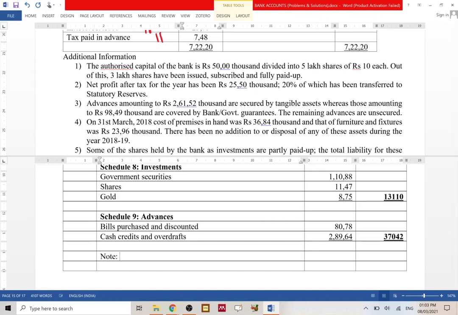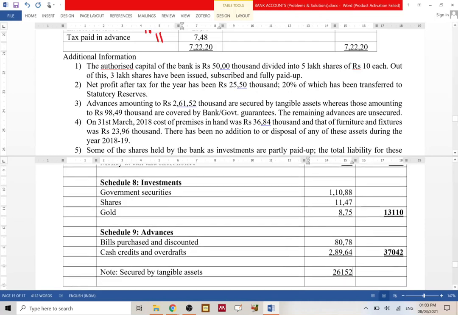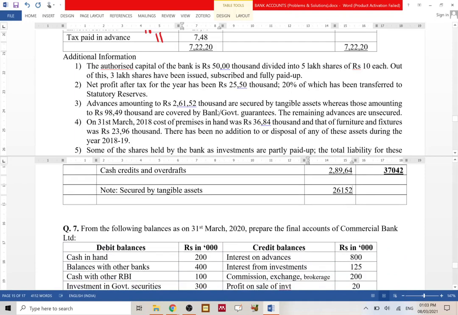So let's see. We write a note: secured by tangible assets. I'll just write them in the inner column. So how much? 26152 are secured by tangible assets. Okay.